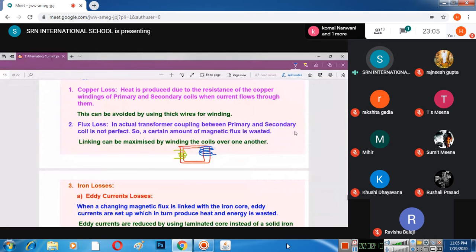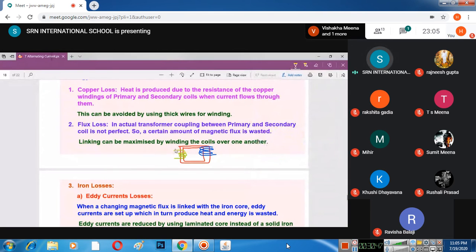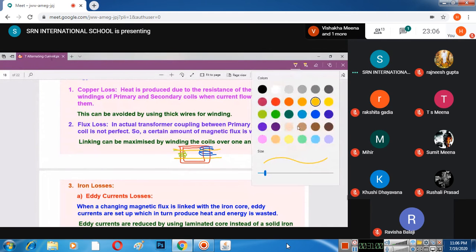Now you can see here, the orientation of the primary coil is not in line with the secondary coil. That means the flux which is linked with the secondary coil is completely a loss.